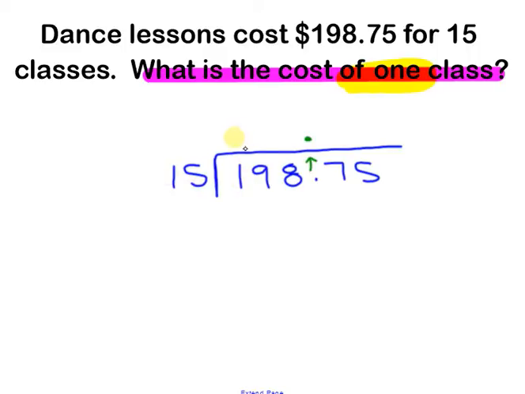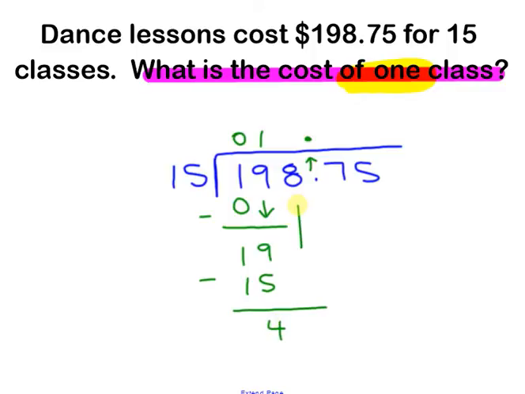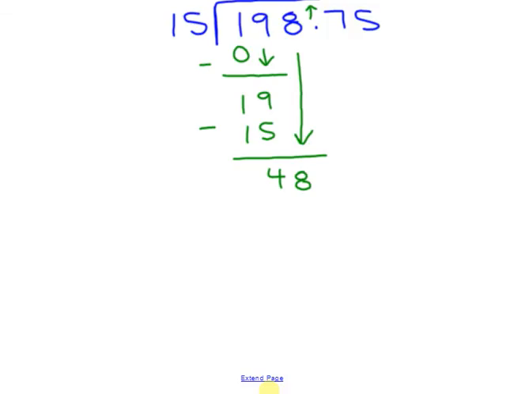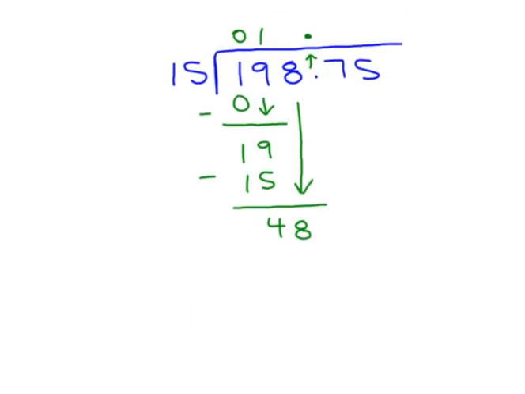So 15 goes into 1 0 times. 0 times 15 is 0. Subtract. 1 minus 0 is 1. Bring down the 9. 15 goes into 19 once. 1 times 15 is 15. Subtract. 19 minus 15 is 4. Bring down the 8. 15 goes into 48 3 times. 3 times 15 is 45.